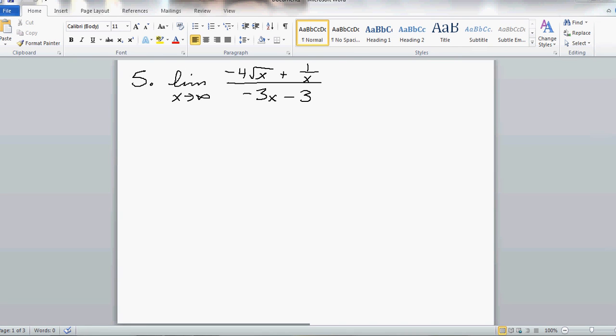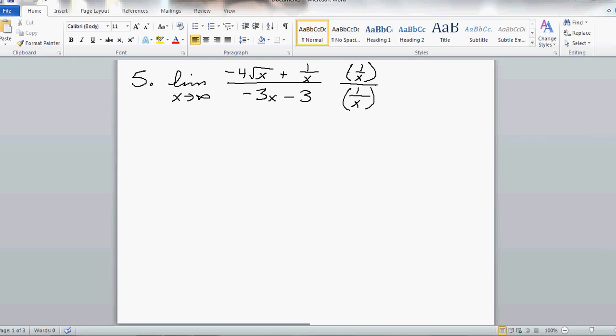And we are told to divide both the numerator and the denominator by the highest power of x. Well, the highest power of x in the denominator is x. But remember, we're going to have to multiply the numerator by 1 over x, and we're going to have to multiply the denominator by 1 over x.